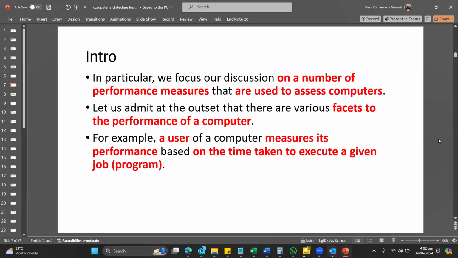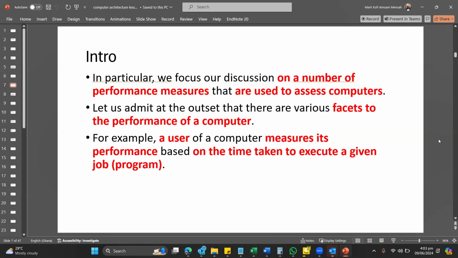Whose computer is better? Is my computer better than yours, or is your computer better than mine? Who has the best performing? Whose computer is the best?